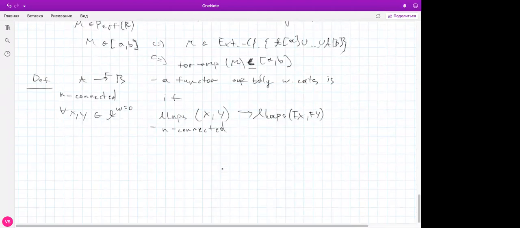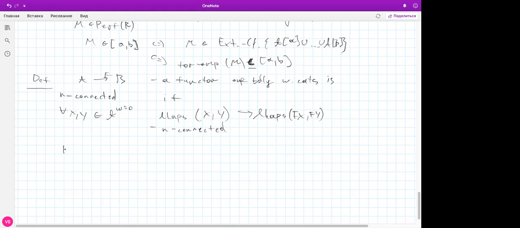Right, and this generalizes. If you think of these weight structures as a generalization of E1 rings, like E1 rings with many objects, and so perf R for an E1 ring is a weighted category, then this notion also generalizes unconnected maps of E1 rings.